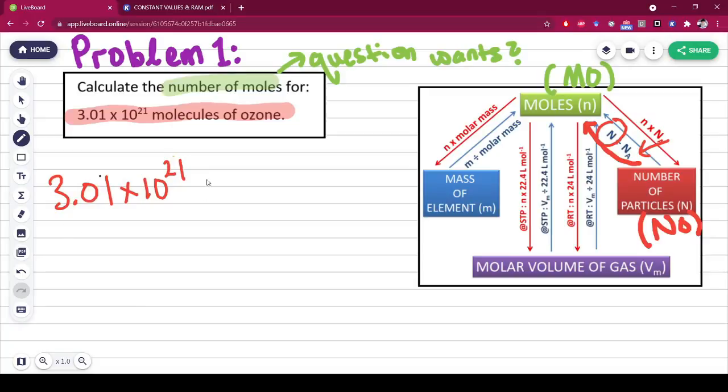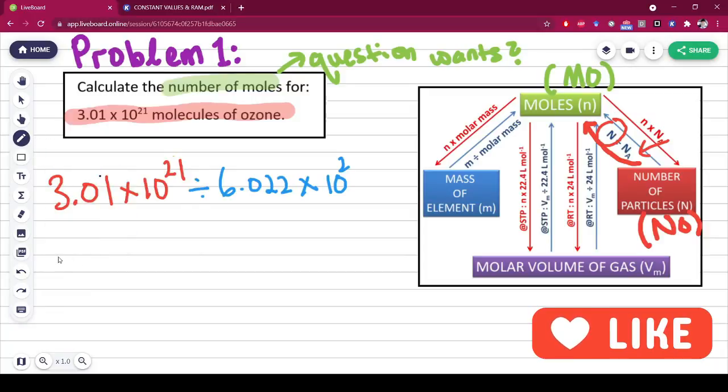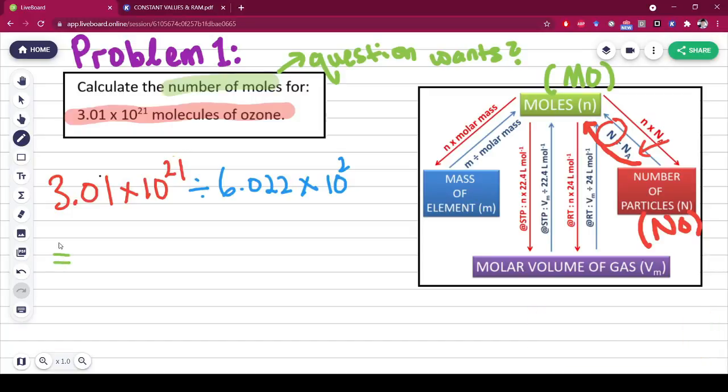So we're going to divide that with 6.022 times 10 to the power of 23, and if you compute that in your calculator, you should be able to get something like this: 4.99 times 10 to the power of negative 3 mole of ozone.